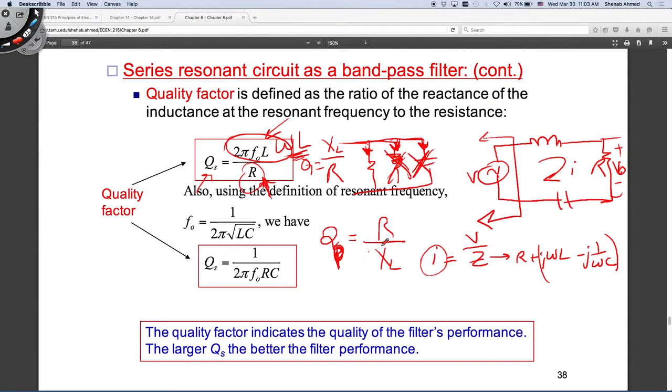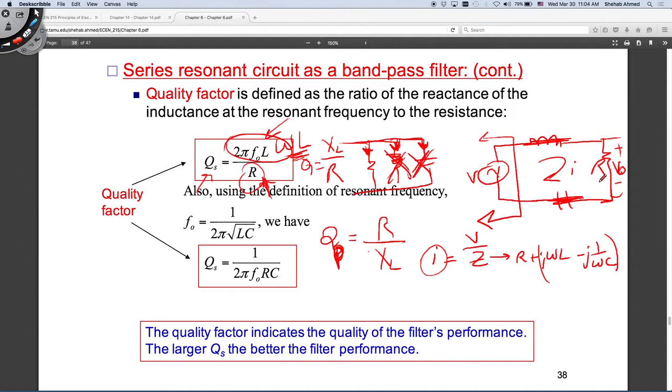So if they disappear at resonance, what is my quality factor? The quality factor is the gain, the output voltage versus the input voltage, right? I would like to maximize my output at a certain frequency. How do I maximize the output in series resonance? I make this and this disappear so that the current multiplied by the resistance is as high as possible.